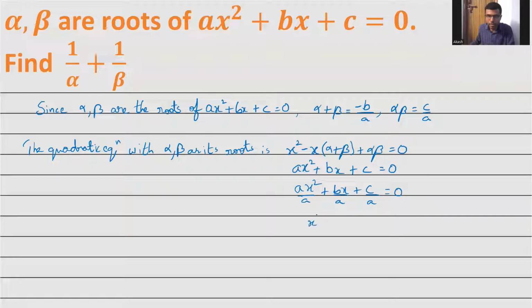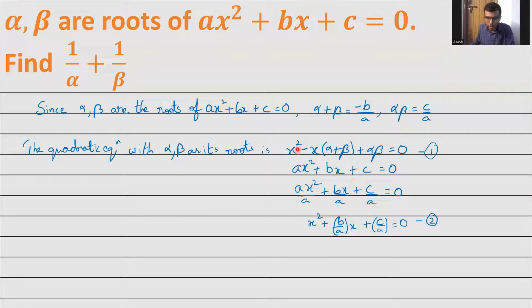This basically means that x square plus b by a times x plus c by a is nothing but equal to 0.